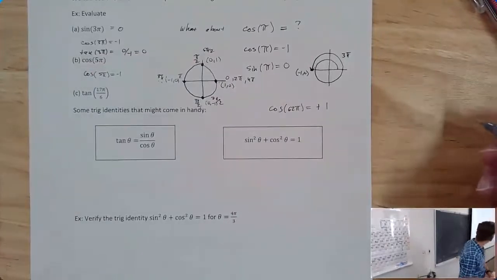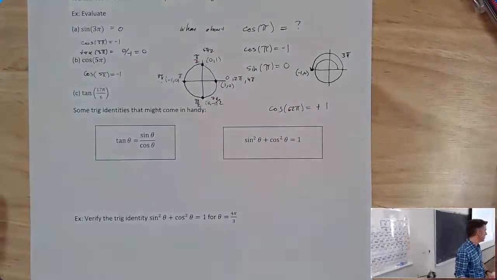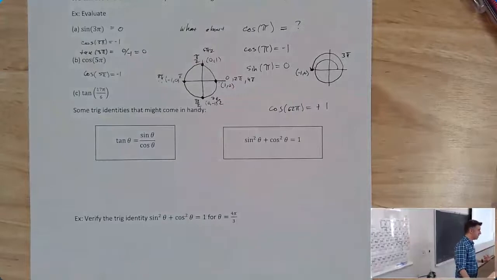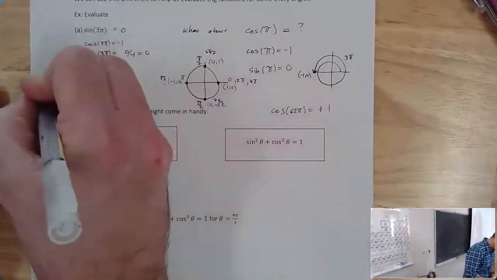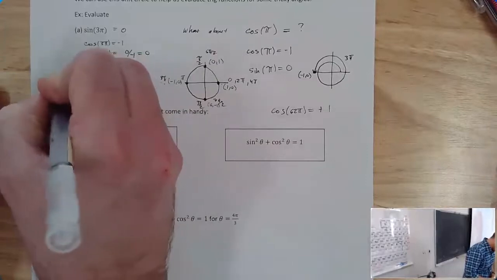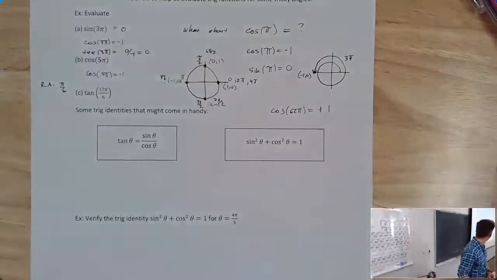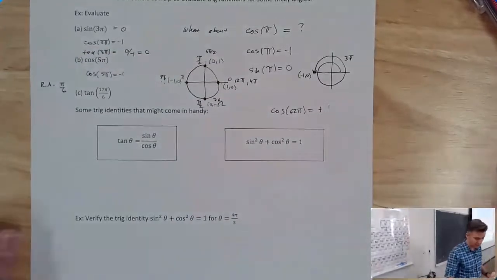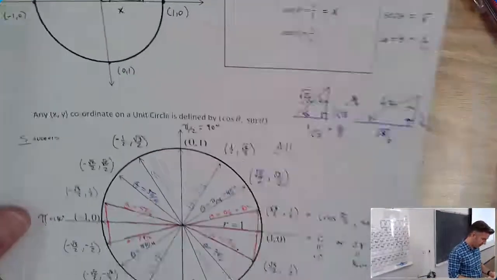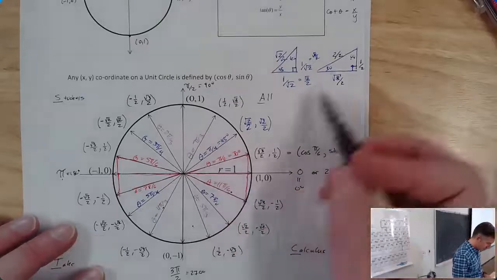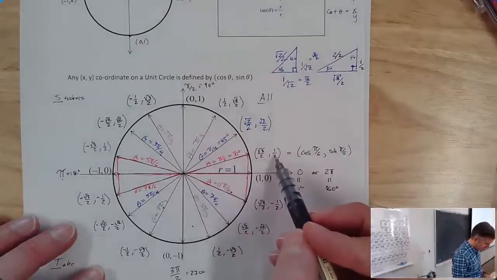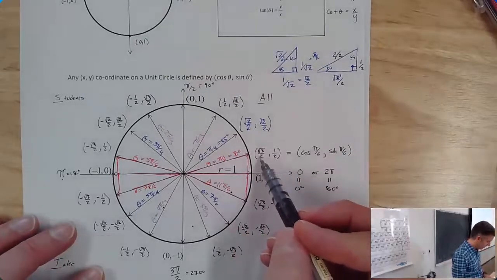And then tangent of 17 pi over 6. So here's what I see. I see a reference angle of pi over 6. Since I don't want to draw it again, looking back at pi over 6, the y value is 1/2 and the x value is √3/2.